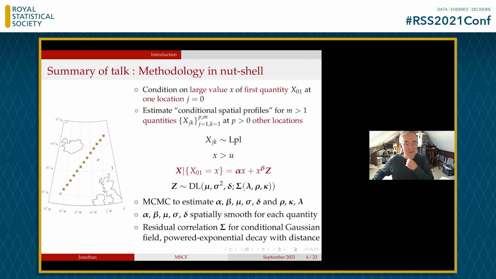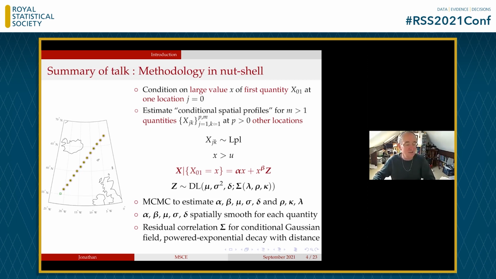And sigma is a correlation matrix for a conditional Gaussian field, where the decay between points is a powered exponential kind of deal. Okay, so that's essentially the methodology in a nutshell.